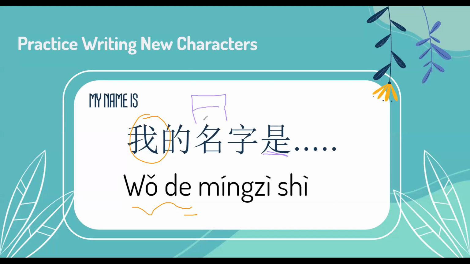So first we have our zhu again, which you see in a lot of words, with a little dot on top here, and then this. So basically like a little line, and then out of it comes like a square with a hook.